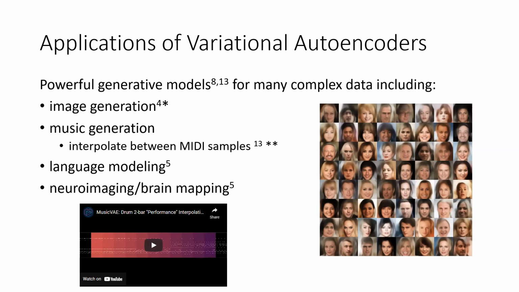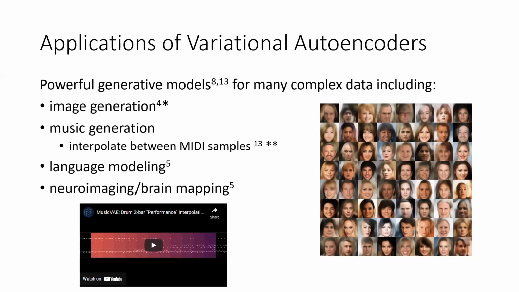At first they were used for image generation, and variational autoencoders tended to create more blurry images, like the examples I have here. And so for some years, they thought that they were inherently less powerful.